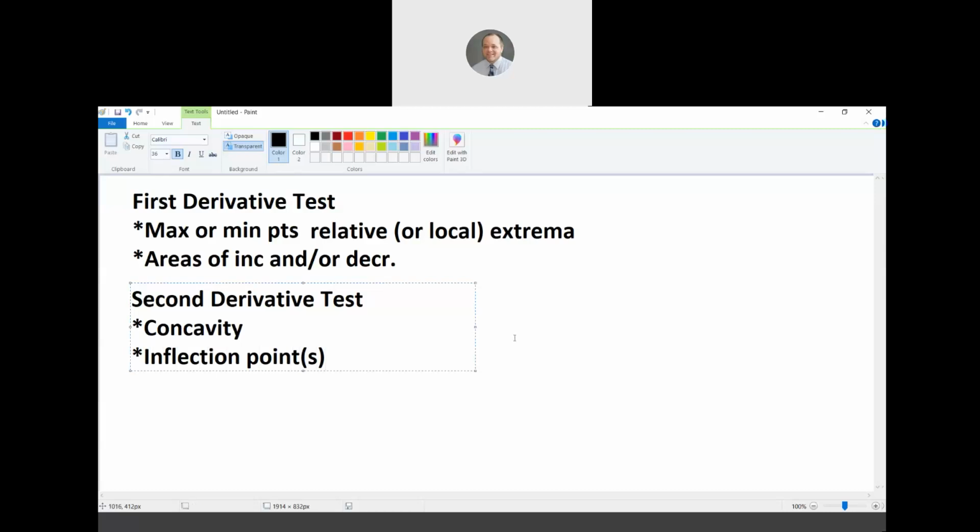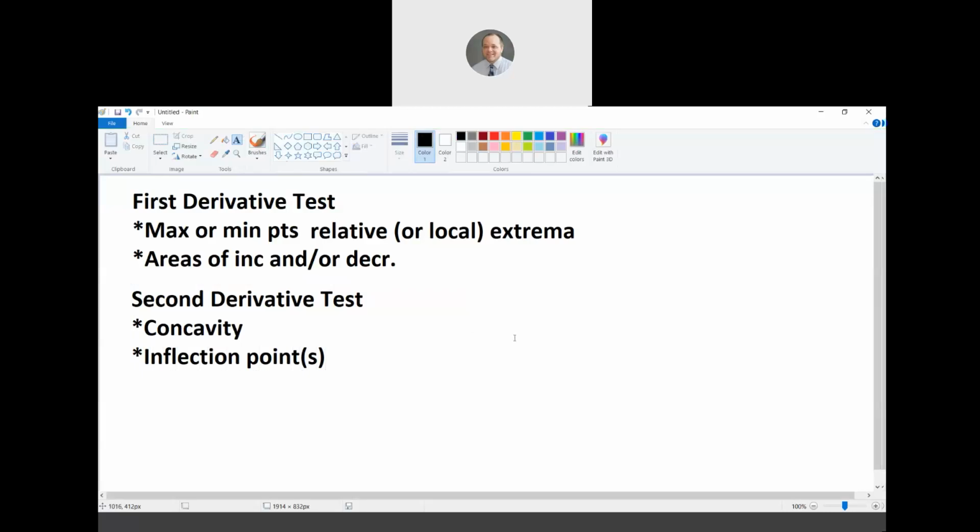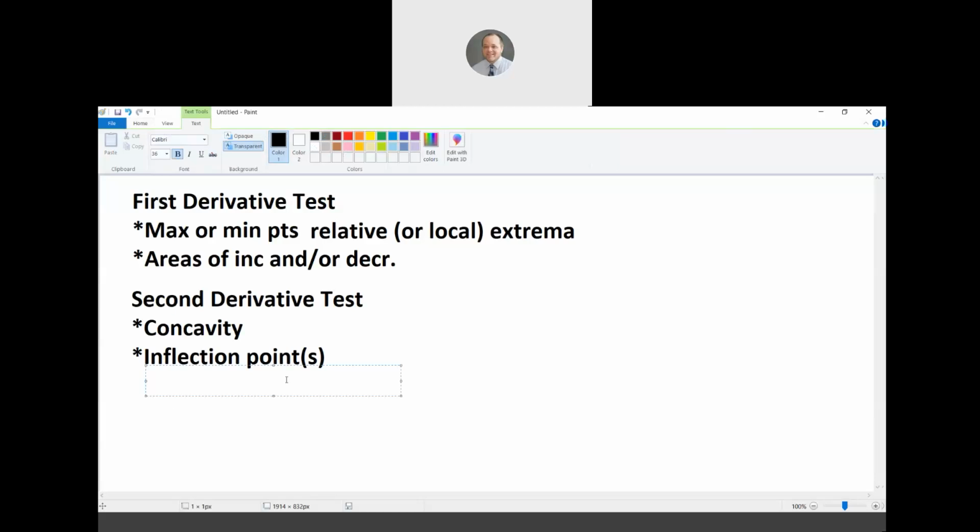So that's what the second derivative test reveals about the behavior of our function: concavity, and also, if they exist, any inflection points. Inflection points you may also see in other resources referred to as turning points. So those mean the same thing.